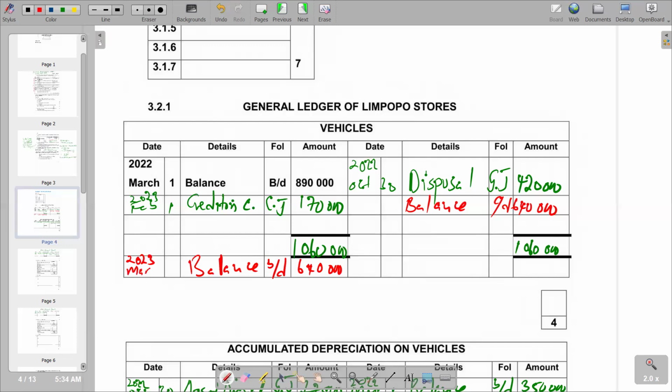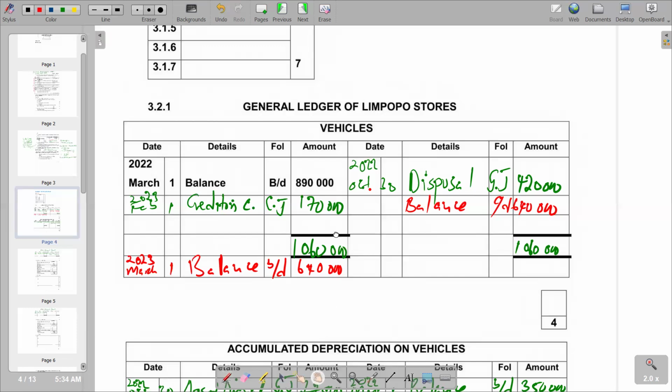For balance BD, we are supposed to put the first day of the next period. Remember, our financial year is ending end of February, so 1 March will be the first day of the next period. Then for balance CD, the date of February 28 also applies. So we have balanced that one.